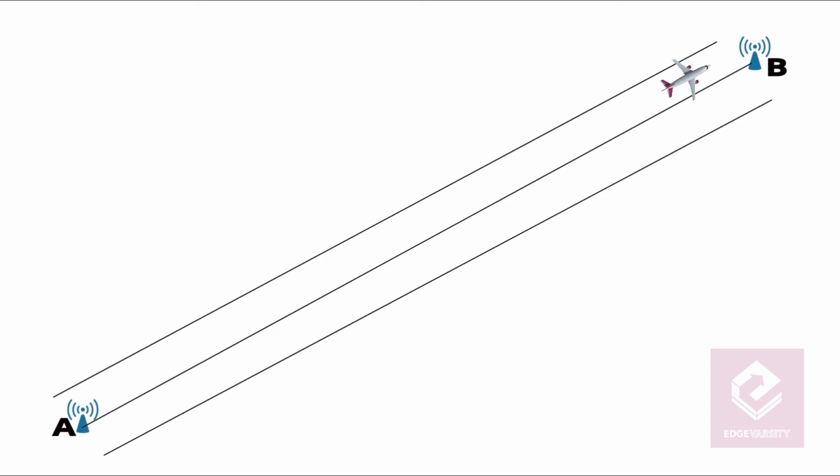Let us see how that is achieved, or what the navigation system is that helps pilots achieve this. To achieve this, we install two beacons, A and B, at the start and at the destination.